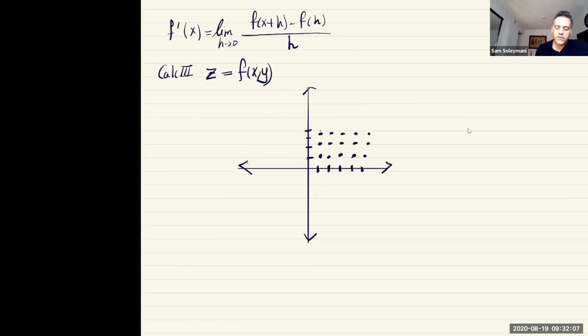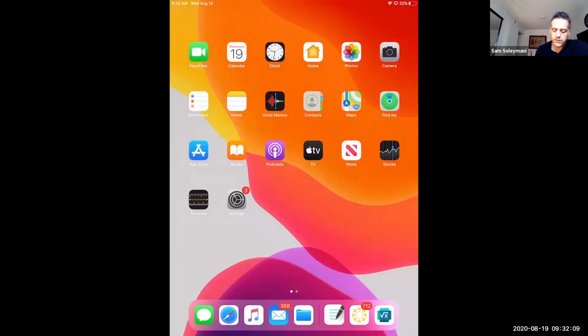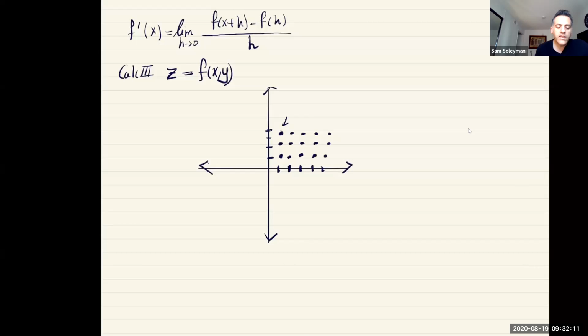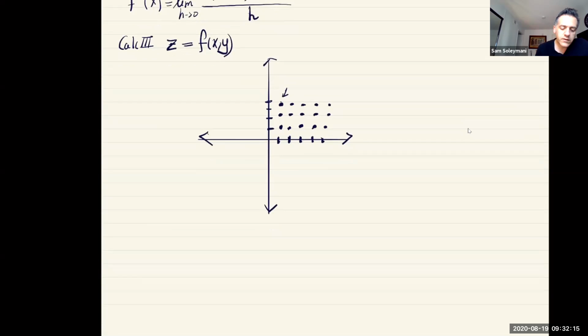Every pixel has a number associated to it. So again, let's look at a certain pixel, like this pixel right here. To it, there's (x, y).